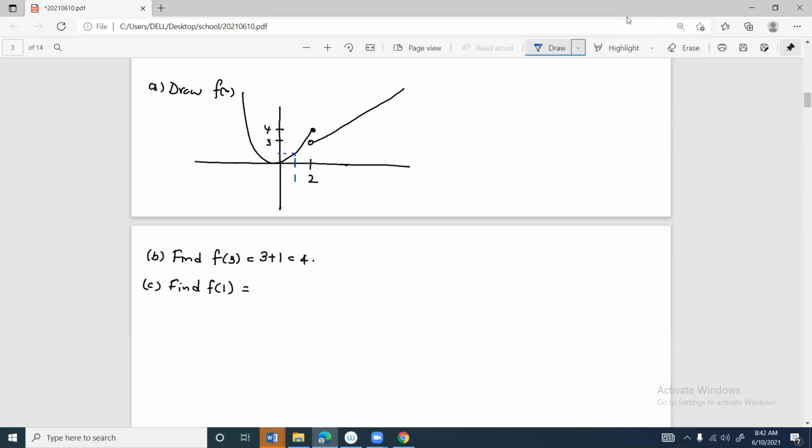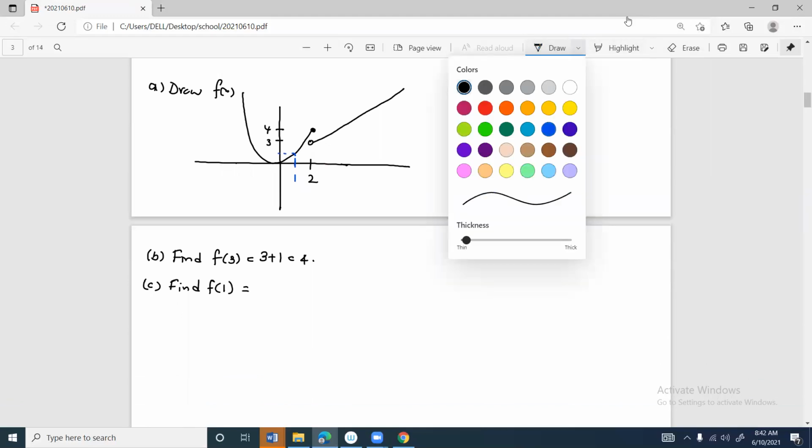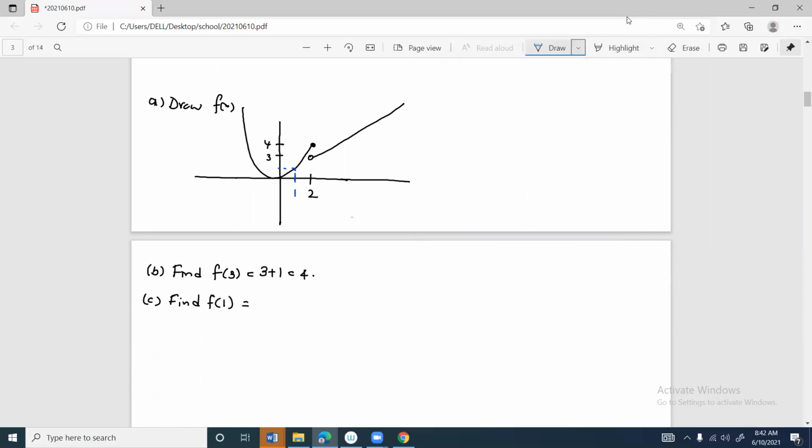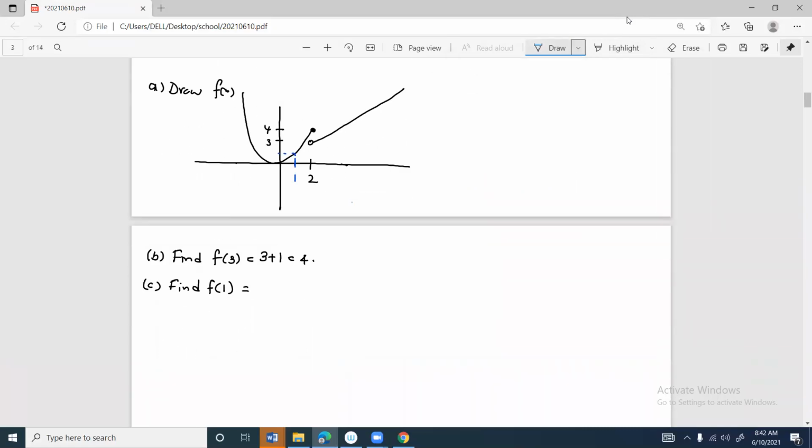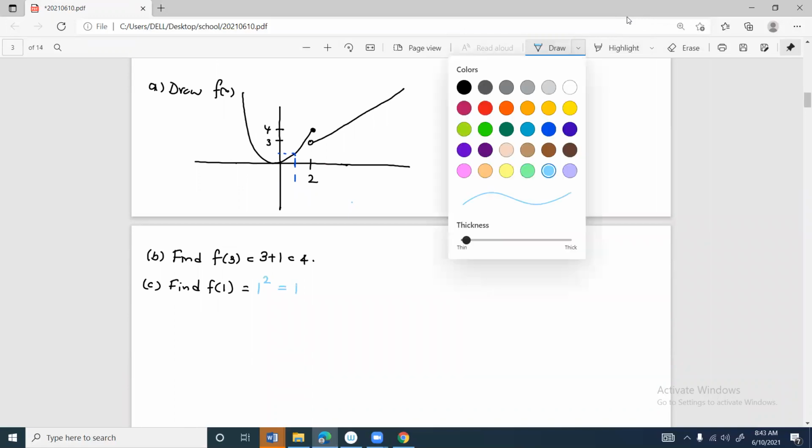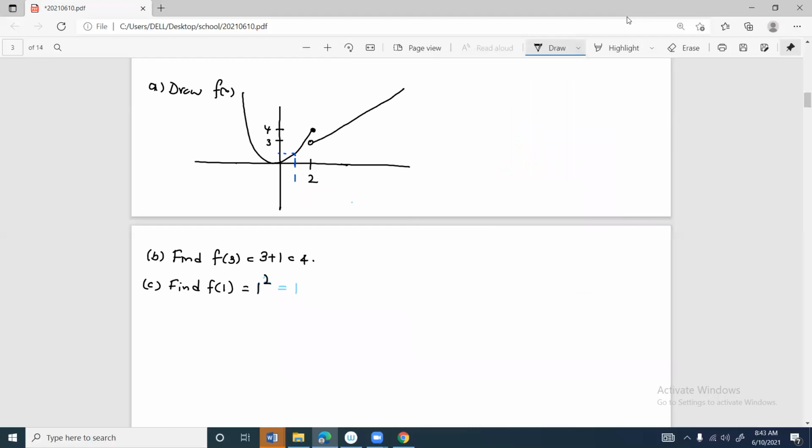It's explained by the first function, which is x squared. It's 1 squared, which equals 1, right? That's the second situation. So I'll just erase this bit. It's kind of messy.